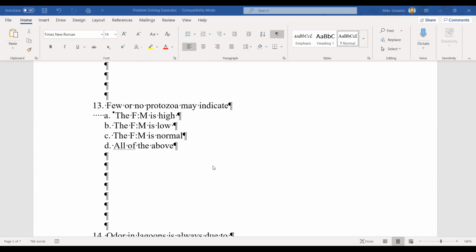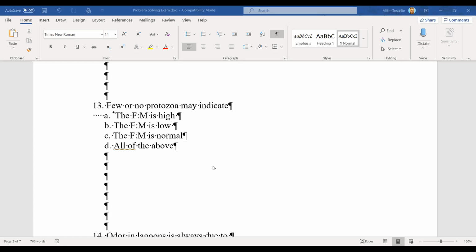Now, as you're scratching your head thinking about this question, let's look at it a little bit. So few or no protozoa may indicate there's not much information there. So you don't have a lot to go from. Do we want some protozoa? Yes.